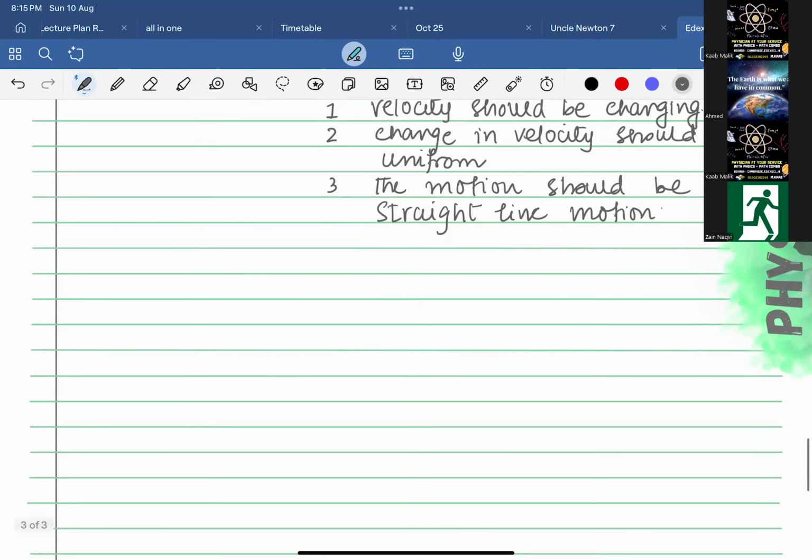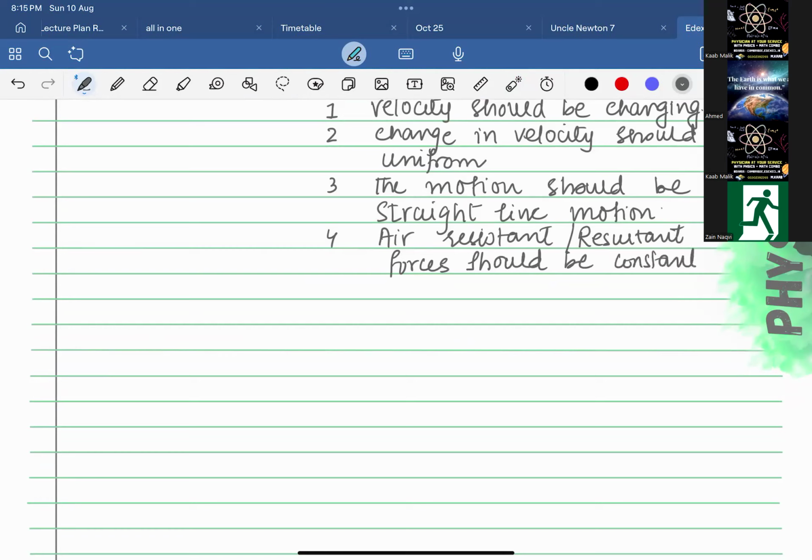And the fourth thing is air resistance, or resultant forces, should be constant.